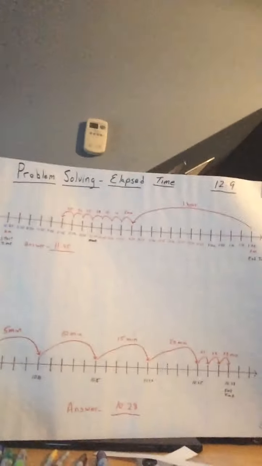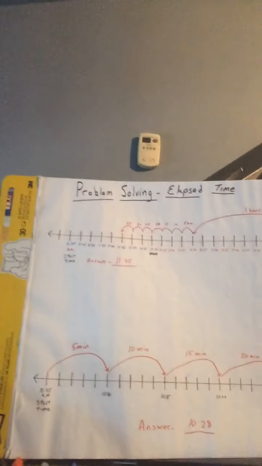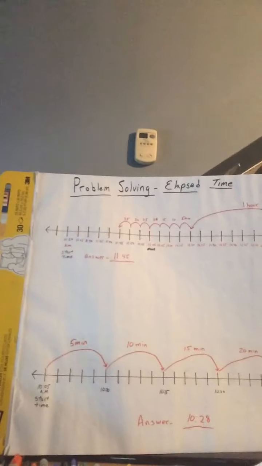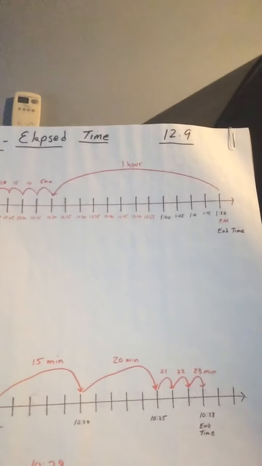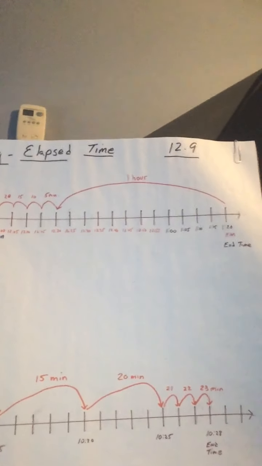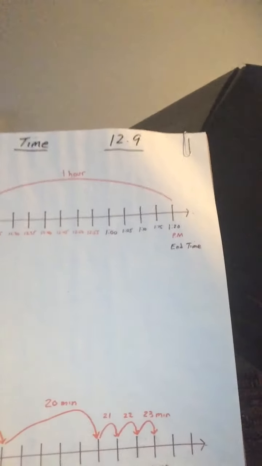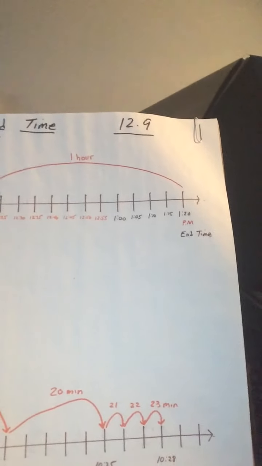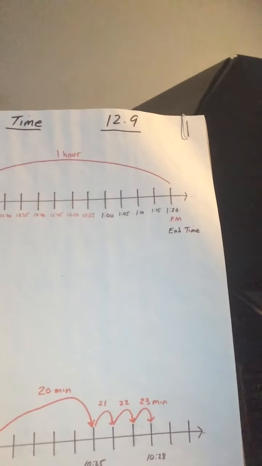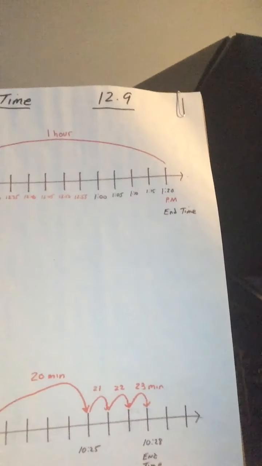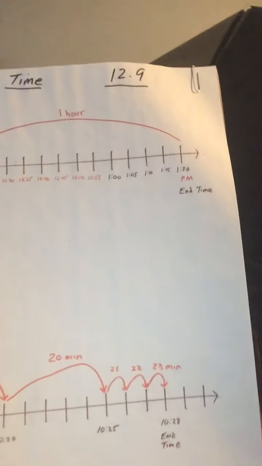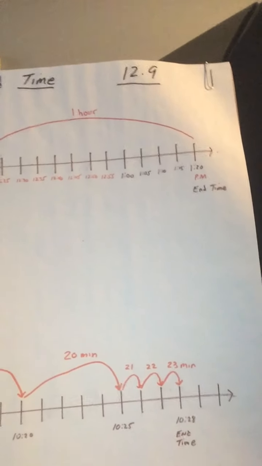Sorry, let me get the right model there for you. Start at 10:05. And we're going to jump up 5 minutes. So we go 5, 10, 15, and then 20 minutes lands us at 10:25. But we know he rode 23 minutes. So if we continue on, we're going to go 3 more minutes from 10:25 to 10:26, 10:27, and then we're going to end on 10:28, and that is going to be his end time.